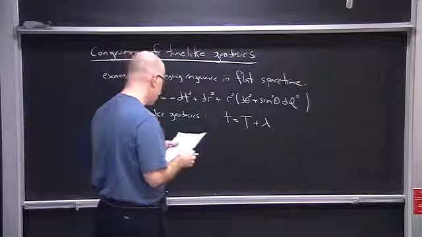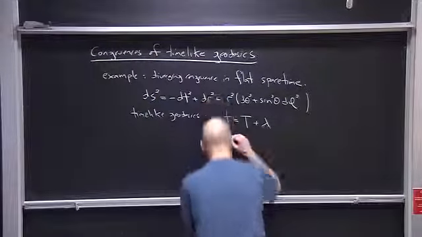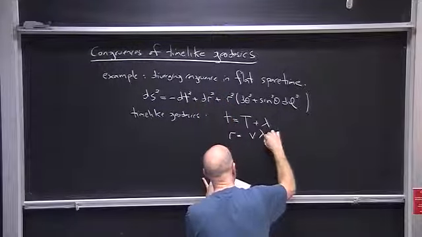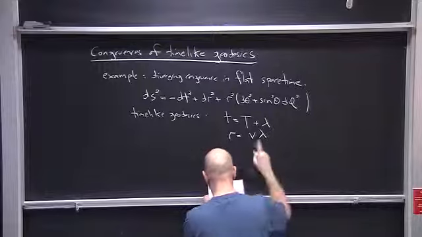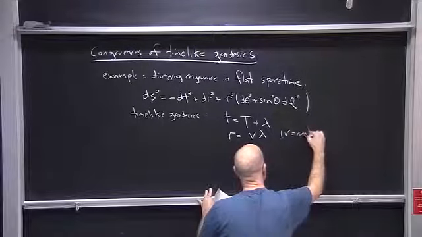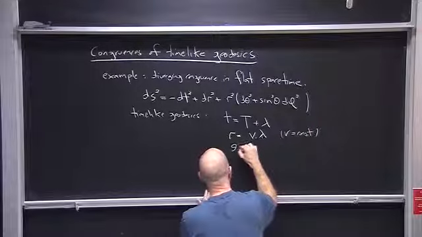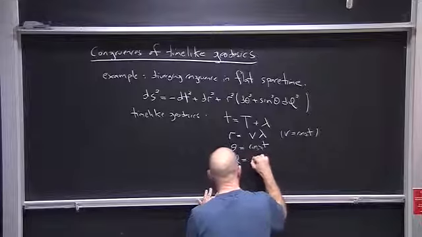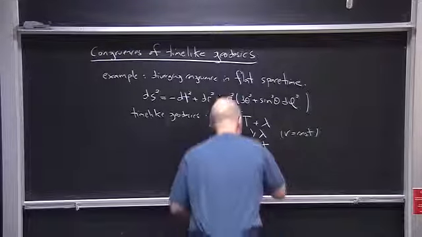It's going to be a constant times proper time. r is going to be a parameter v, which is a velocity parameter, times the lambda running parameter. So v is a constant. And theta is going to be a constant on the congruence. And phi is going to be a constant. But a constant can vary.